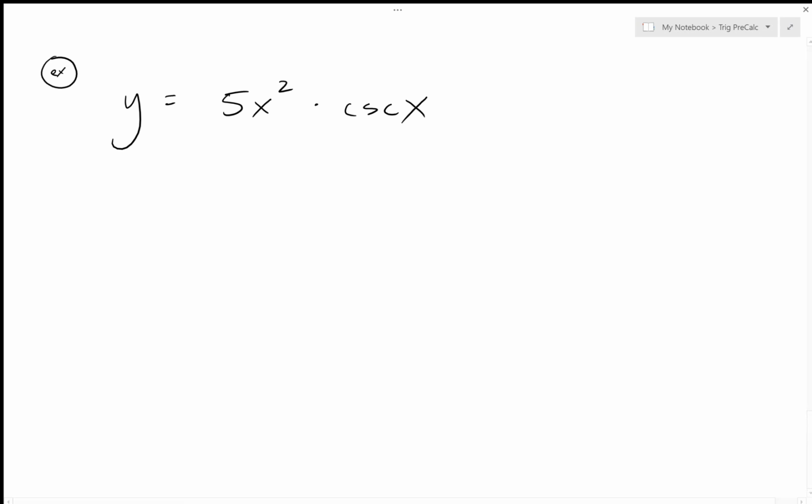And again, I said times right there. That means we need to use product rule. Product rule is f prime times g plus, whoops, getting it backwards, f times g prime. This one here is f, this one here is g, so let's follow the patterns.